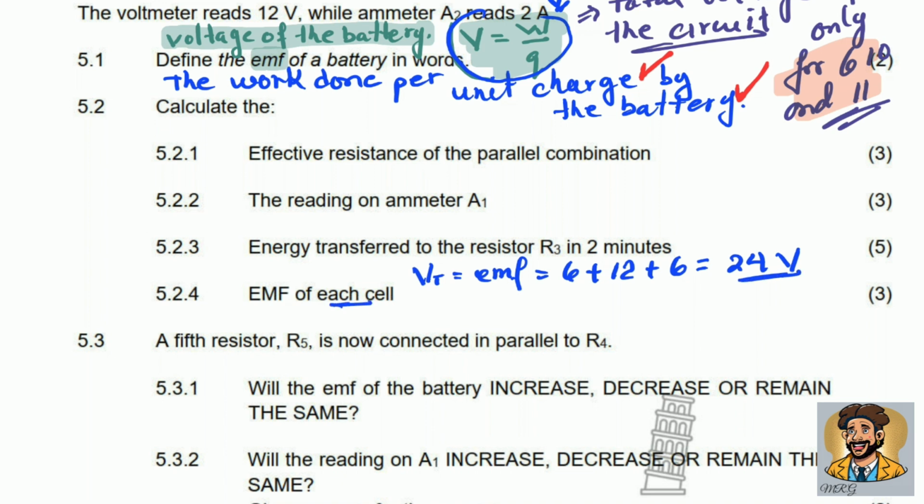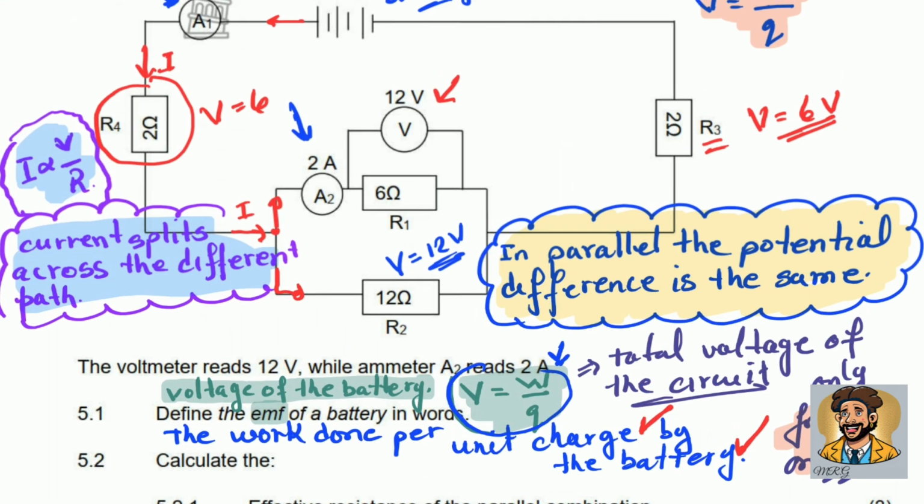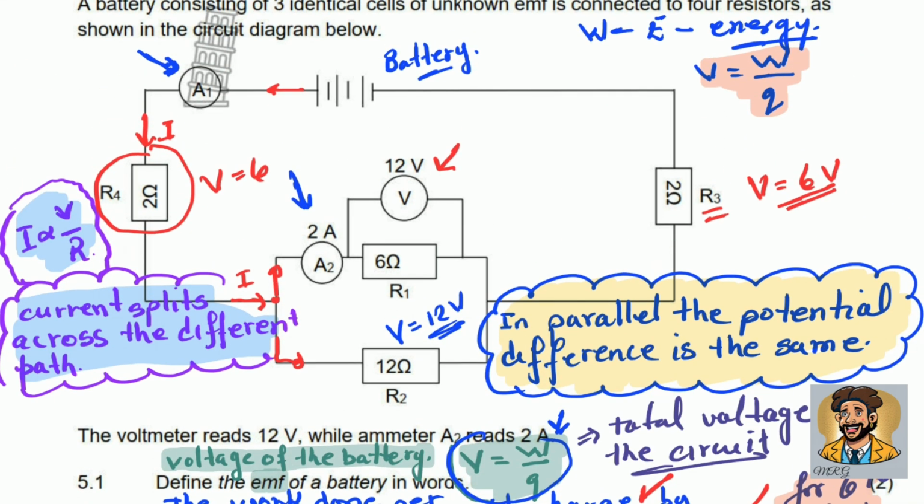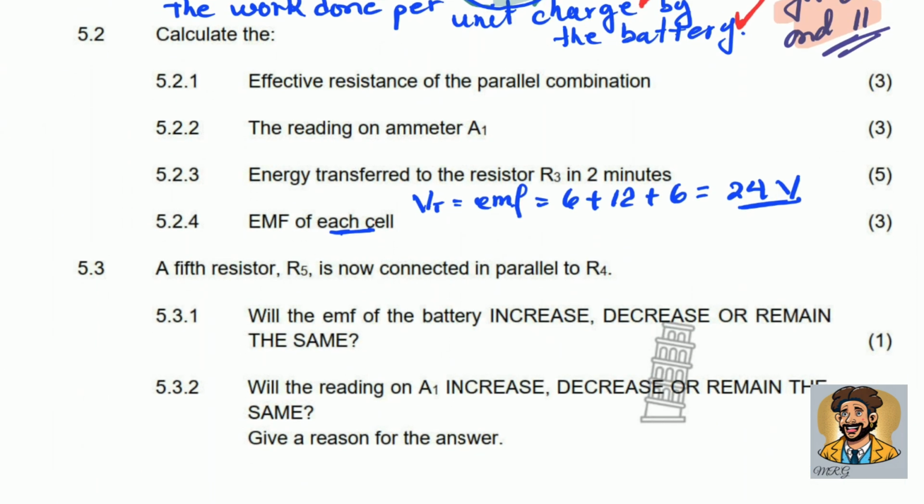They want it for each cell. Guys, this is quite simple. You have 1, 2, and 3 cells. Just in case somebody doesn't understand, here we have 1 cell, there are 2 cells, there are 3 cells. This potential difference will be divided evenly among all those cells.